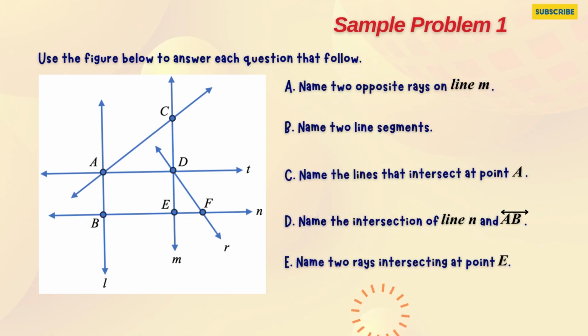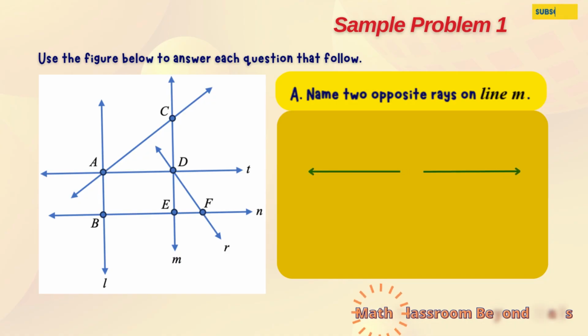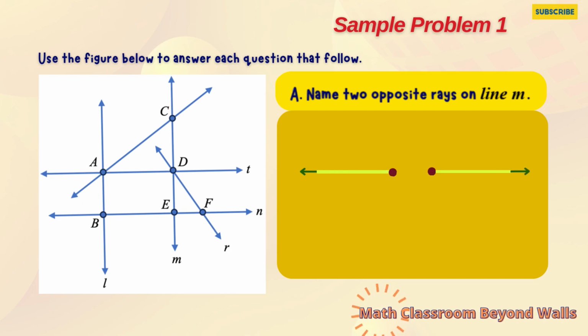Let us start with question A. Here, we're to name two opposite rays on line M. Remember that a line can be split to form two rays. Furthermore, we know that a ray is a set of points on a line that has one terminating end and the other end is extending infinitely.